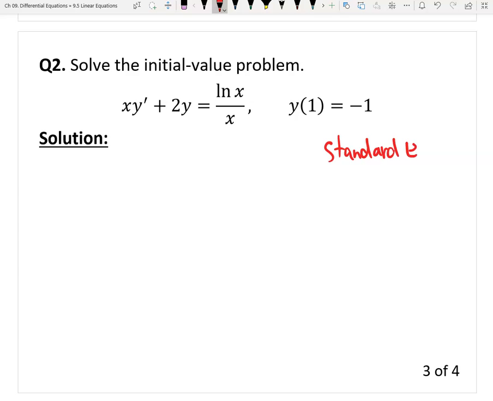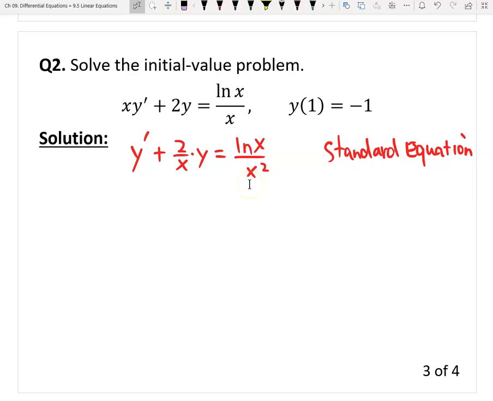What is the standard equation? We divide by x on both sides. Therefore, we have y prime plus 2 over x times y equals ln x over x squared. Can you see? This time, this is the standard equation. The coefficient of the derivative is 1. And what is p? 2 over x. What is q? This term.